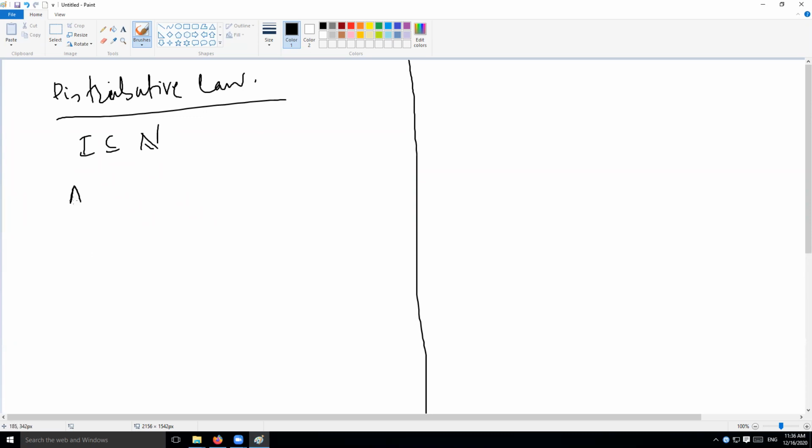So I am taking the union of A with the intersection of I belongs to I AI. So I'm unioning the A with this intersection. So this should be equal to what?